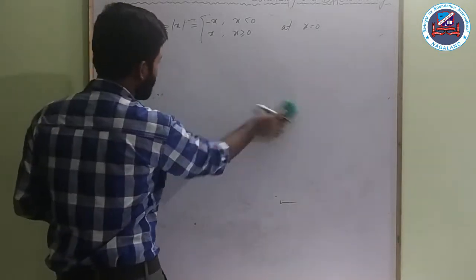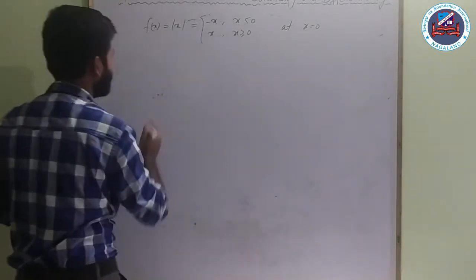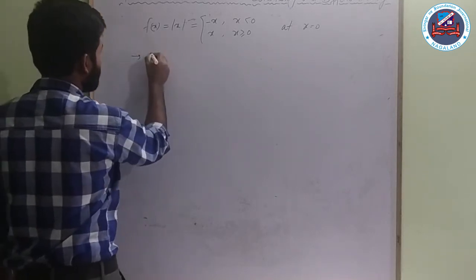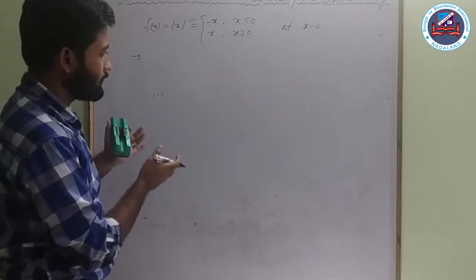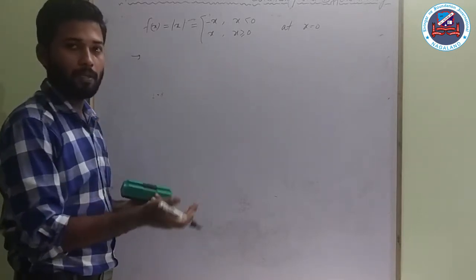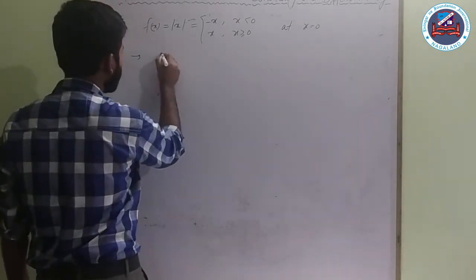Clear? Now let us check whether this function is differentiable or not. If it is differentiable, what must exist? The left hand derivative must be equal to the right hand derivative at the point 0, because we are checking at the point 0.